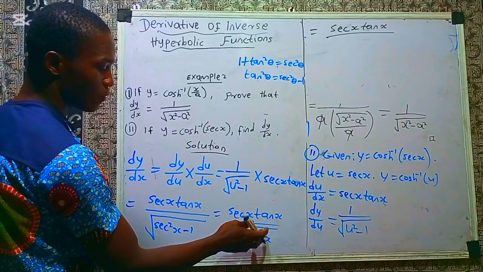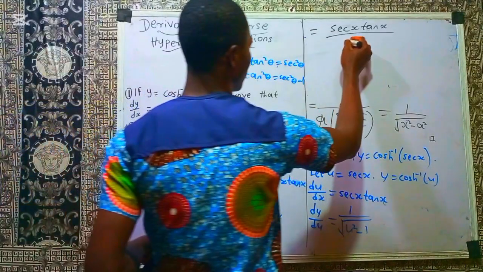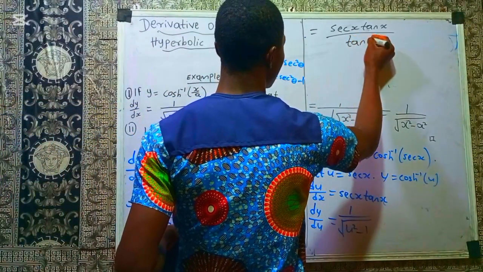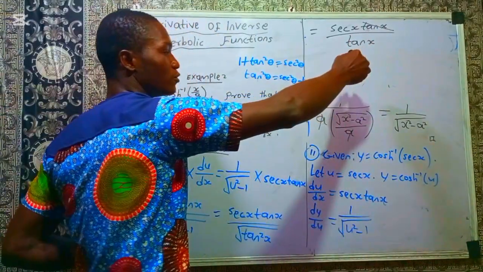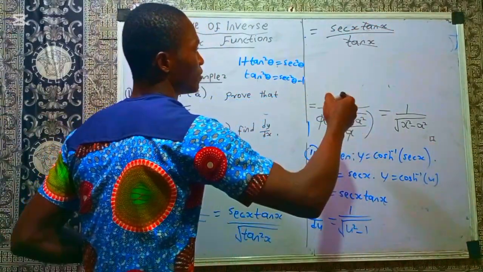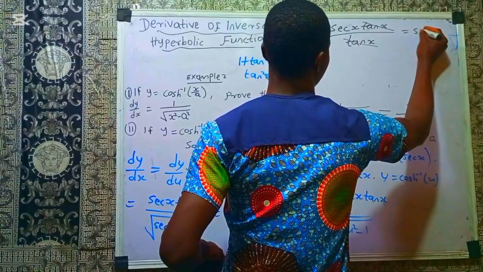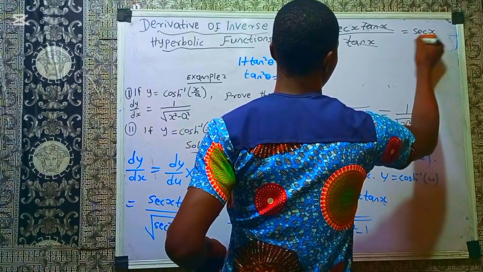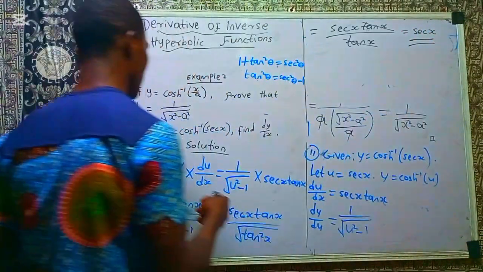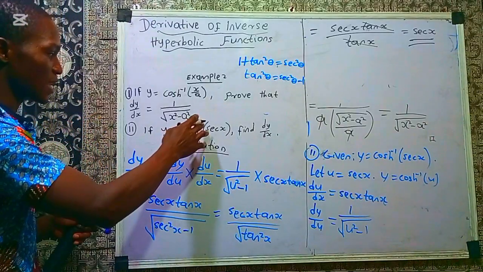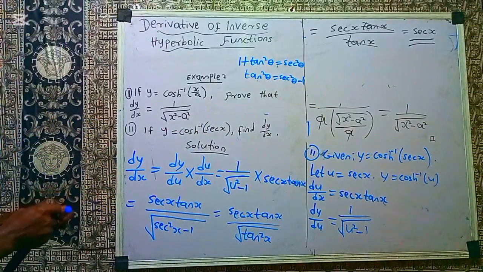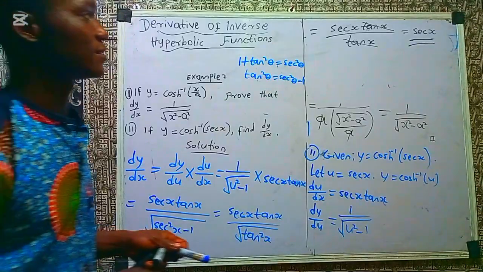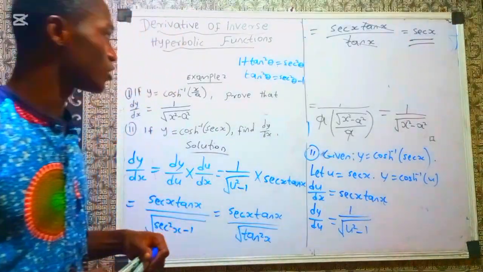Now the square cancels the square root, and you have tan x left at the denominator. But we have tan x at the numerator, which will cancel the tan x at the denominator, leaving your sec x. So the derivative of this hyperbolic cosine inverse of sec x is the same thing as sec x, as we got in our result.